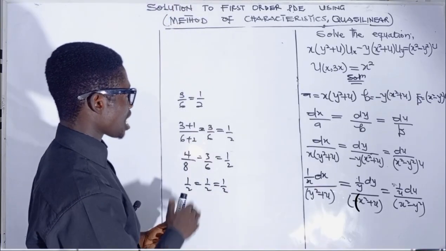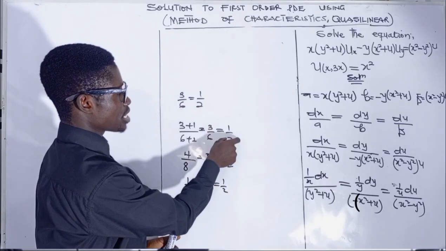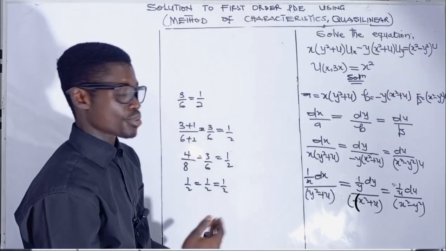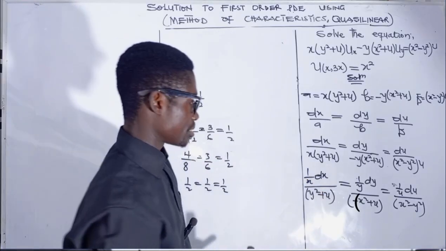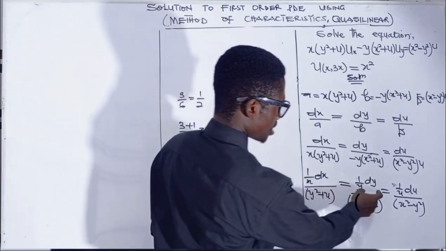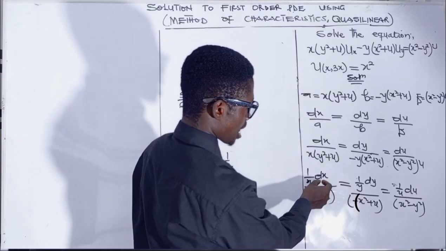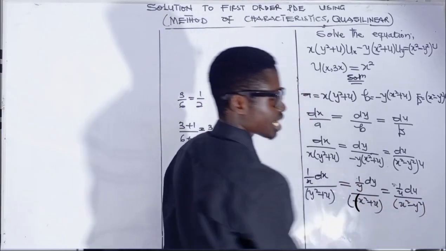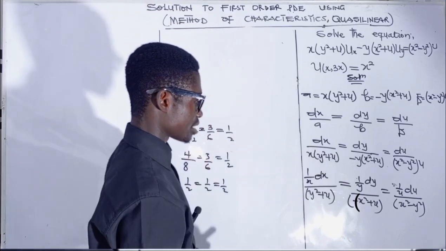So this means that when we have fractions of this form, we can add them and equate it to the third fraction or to any of the fractions. We are going to apply the same concept here. Since these are three fractions and they are equal, we can add this to that and then equate it to the third fraction. We are going to apply the same principle here.